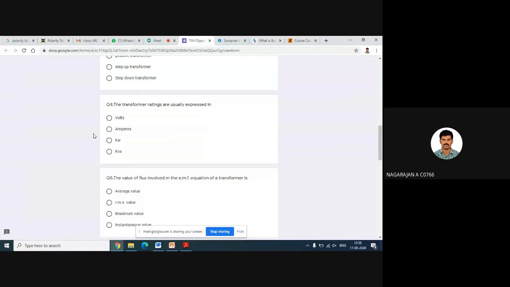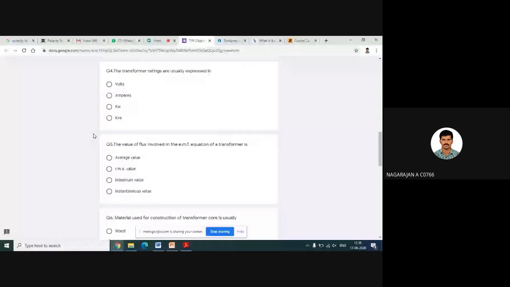But I told you, unlike other electrical machines, the transformer is rated in kilovolt ampere. The reason is that the losses of a transformer depend on voltage magnitude and current magnitude. We are not looking at power factor. The total losses of a transformer depend on voltage and current magnitude, so the transformer rating is given in terms of kVA. So the answer for the fourth question is kVA.